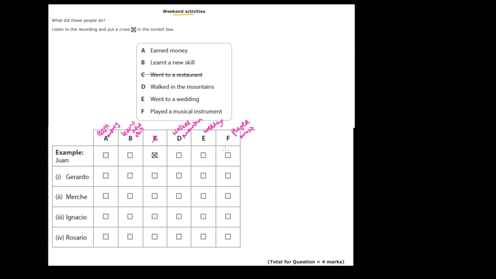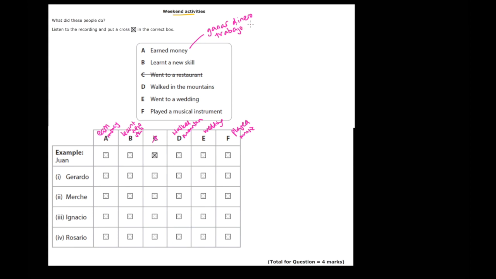Now the other thing I'm going to do is try to foresee what type of vocabulary I might come across. So earn money. What may I hear? Earn money is ganar dinero. But I might also hear something about trabajo or trabajar.